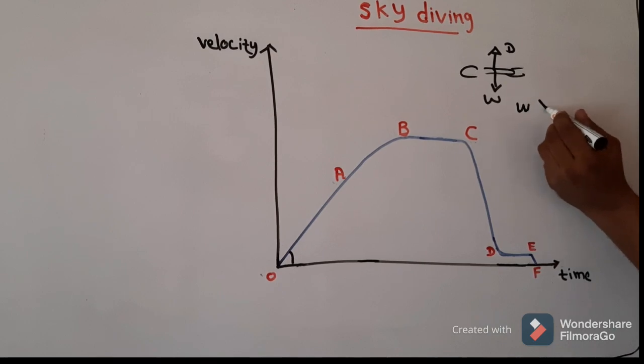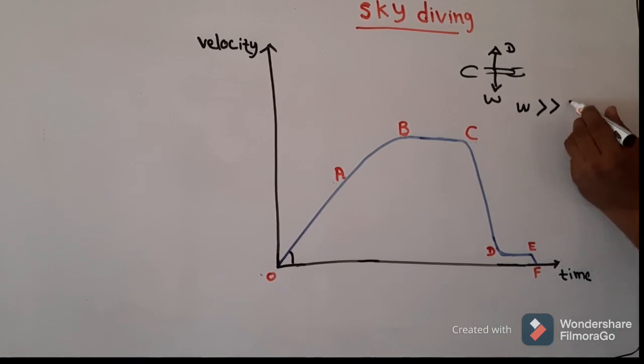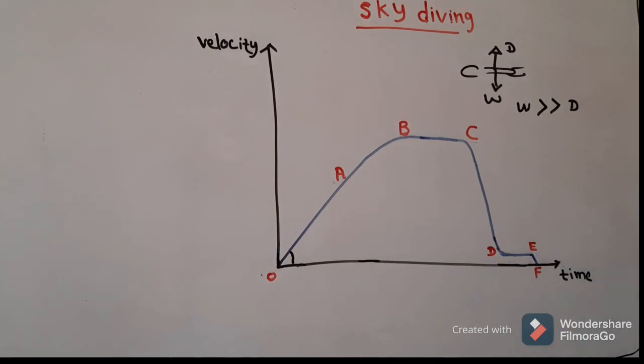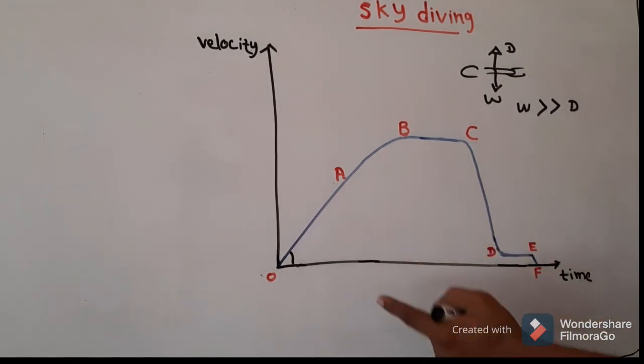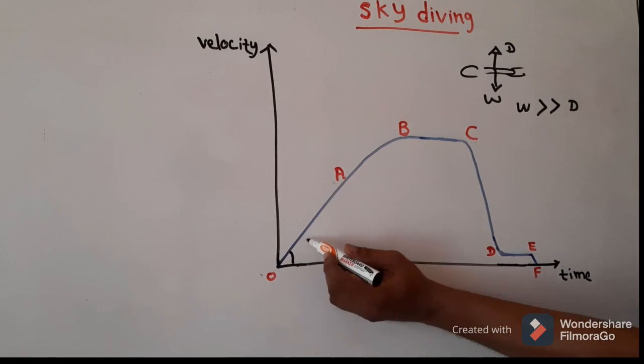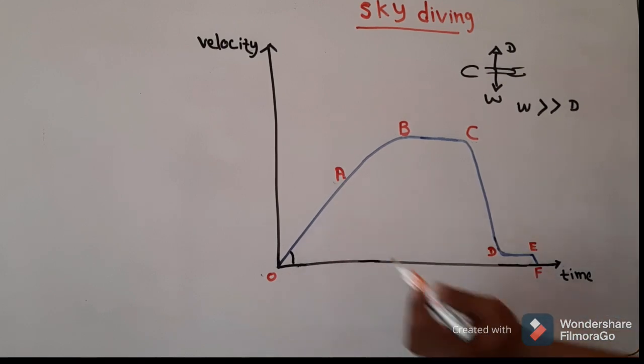In the beginning, weight is much greater than the air resistance. So I wrote here D, this is for air drag or air resistance. As a result, he is falling under gravity without any disturbance. Air resistance is comparatively low, therefore he maintains a constant acceleration.